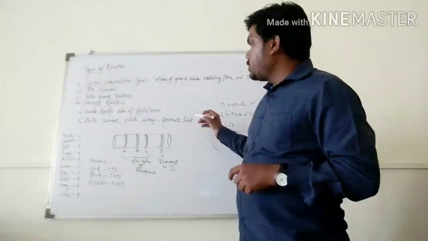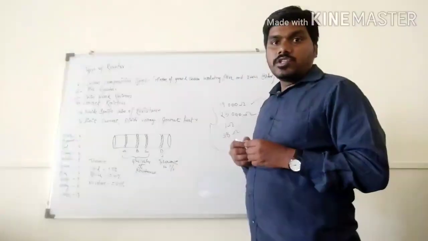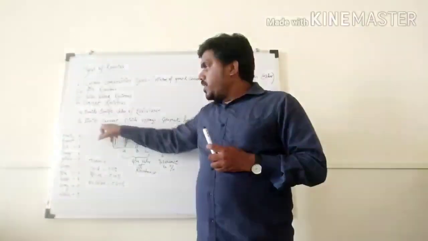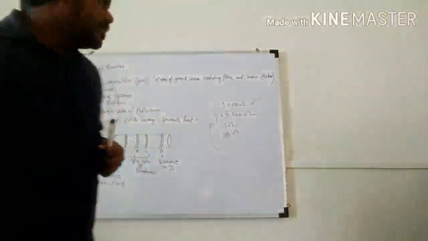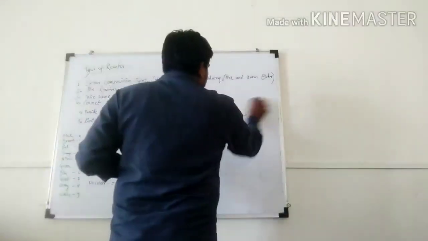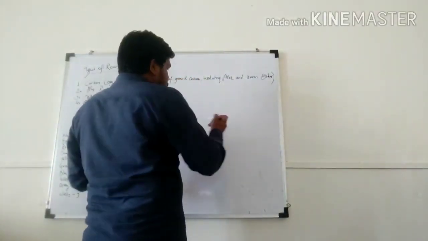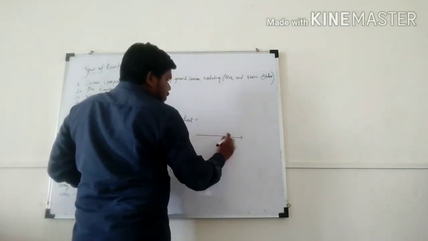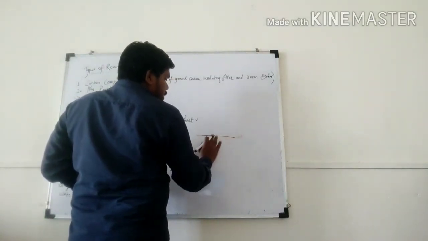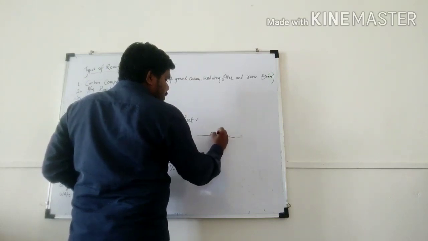Its main function is to limit the current value. If my current is flowing in a certain direction in a circuit, what will happen? Let's suppose this is my circuit, and I have one resistance here.